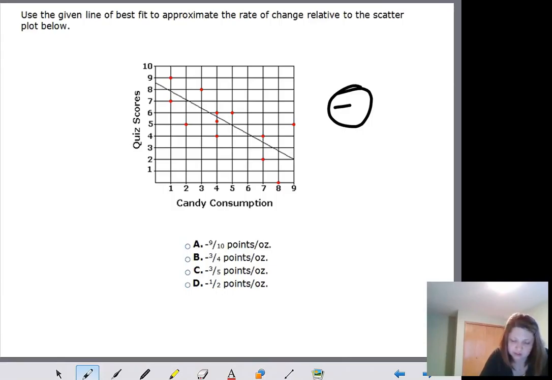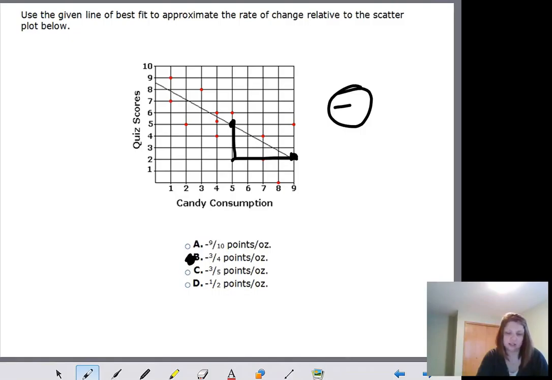Maybe I can choose this point over here and this one over here. So this will be 3 over 4. Do I have negative 3 over 4? Yes, I do. So choice B will be the one that I would like to point out. So negative 3/4 is what I want to choose.